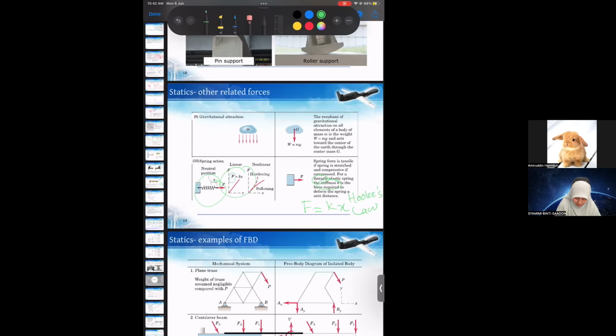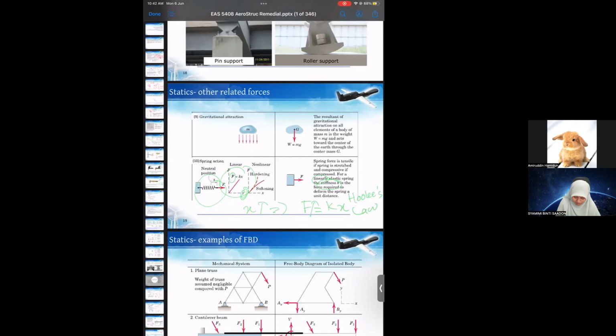If you increase F, then x will also increase. Sorry, the opposite way: if you increase x, then the force will increase. So that is what is called linear. This is the elastic force for spring action.